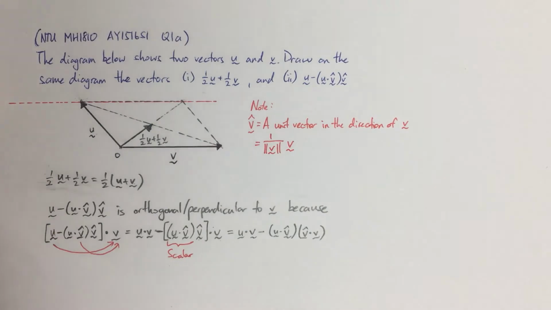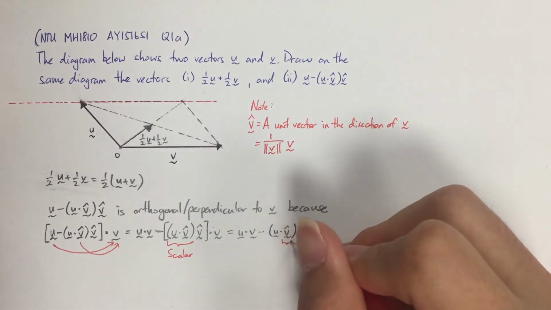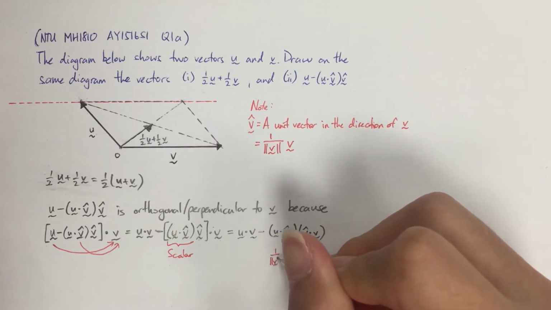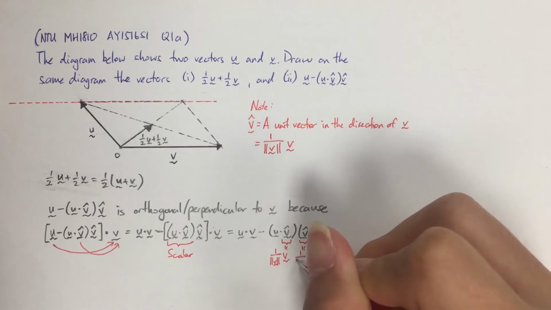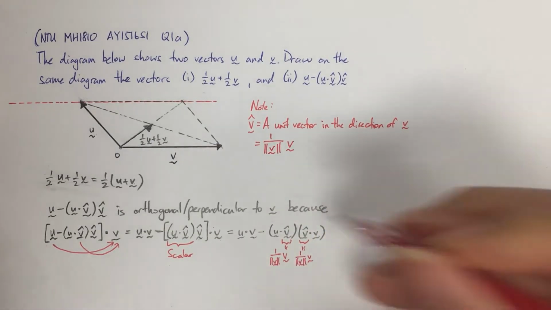So now what we need to do is notice that this is 1 over the length of v times v, right? And this is also 1 over the length of v times v, right?